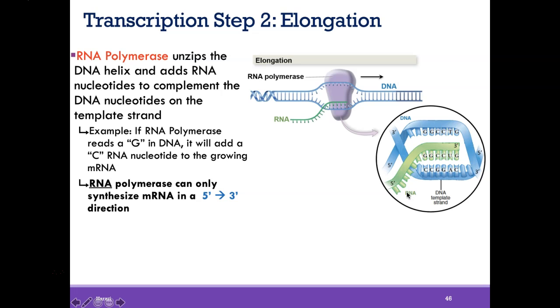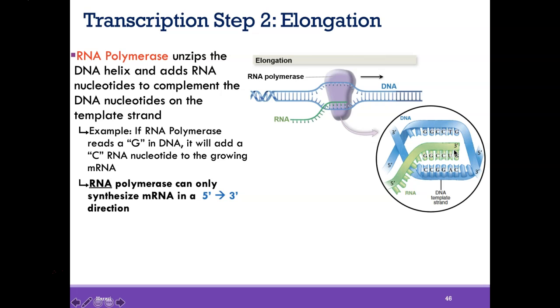What that means is that it can only add a nucleotide to the 3' end. So in this example, the last and most recent nucleotide added was this G. Right? The first thing put in was here. So RNA can only be made 5' to 3'. New nucleotides can only be added to the 3' end.